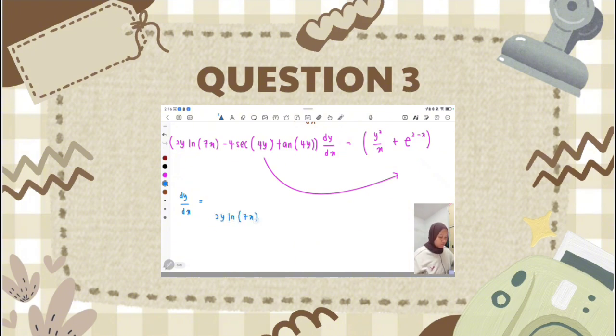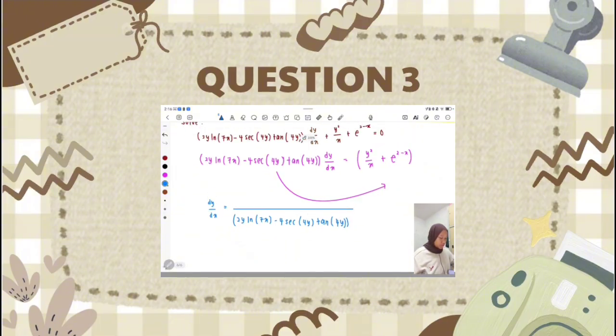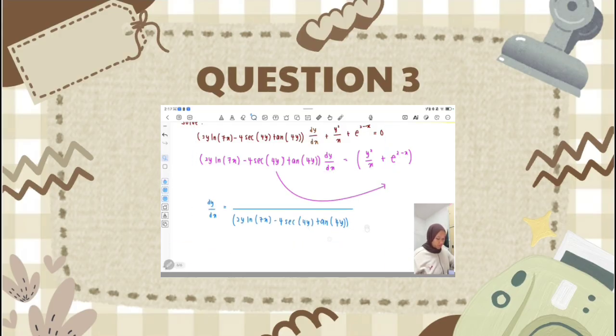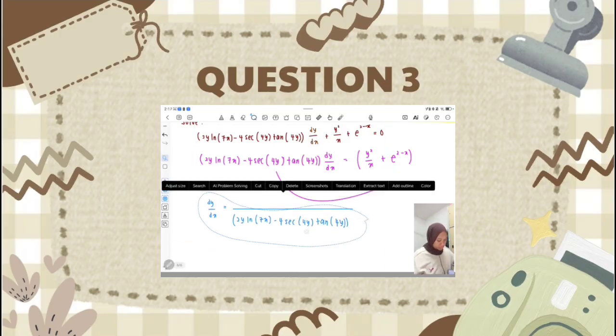After letting dy dx be the subject, we will move this one to the right. Since it is a multiple type of equation, it will turn into this.